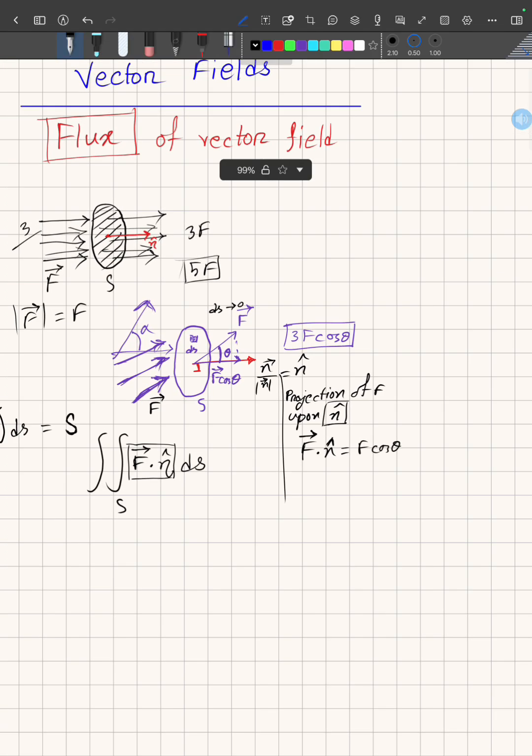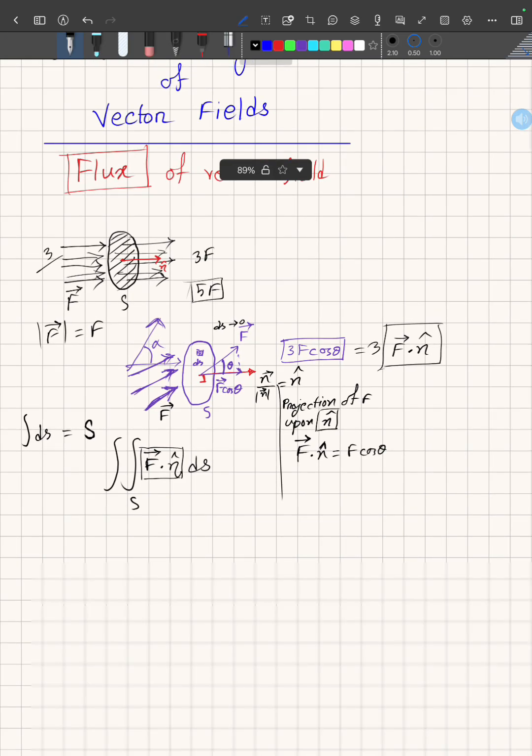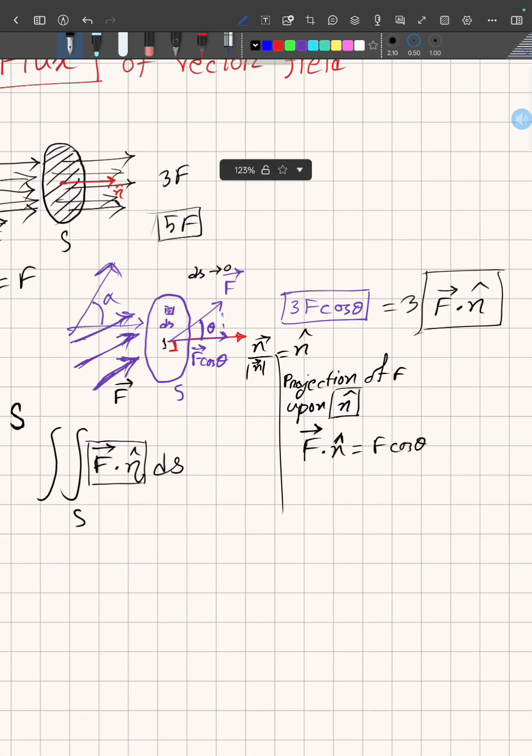So instead of writing the flux lines, I can say that this is just a multiplier, or the upscaler, I would say. Putting that aside, we could say that this is F dot n. So I think you are starting to see the patterns here. We are getting the F dot n, and we are taking this at, let's say, this is now our ds.